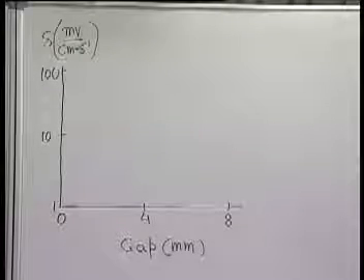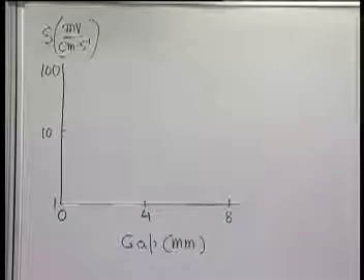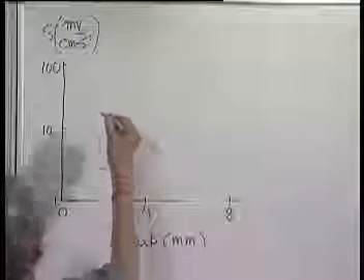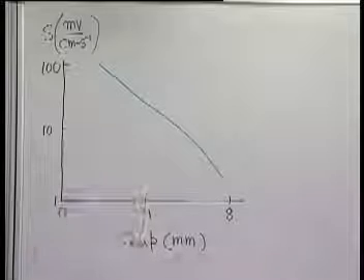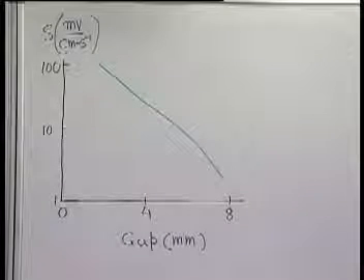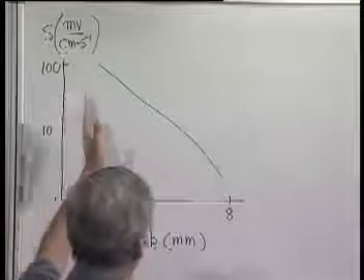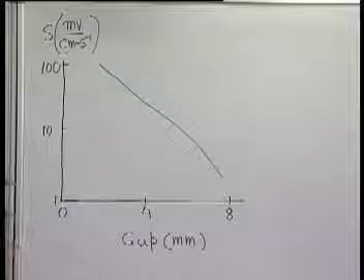If we plot this, we get something like this. It is a fairly straight line, but not exactly a straight line. This is the kind of characteristic for a pickup.